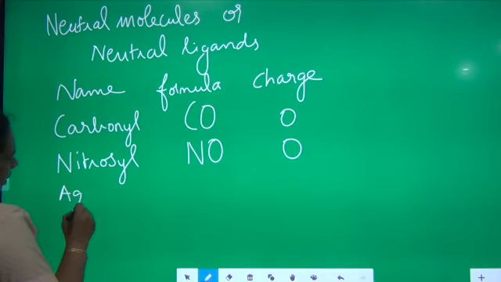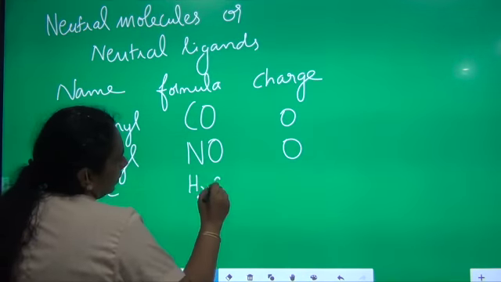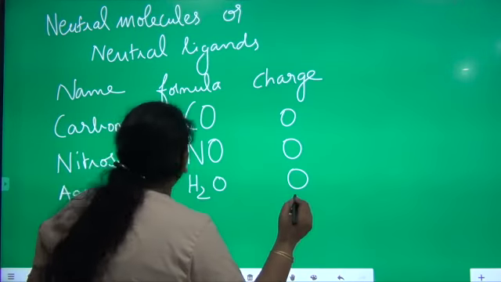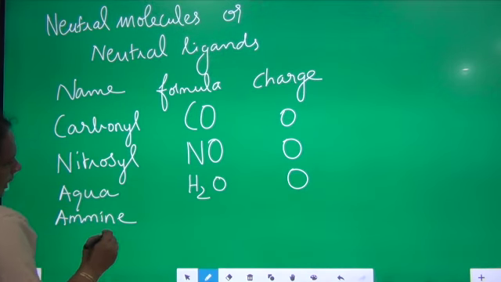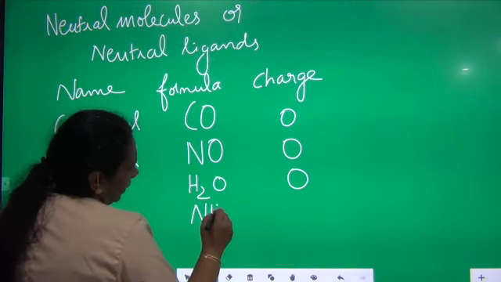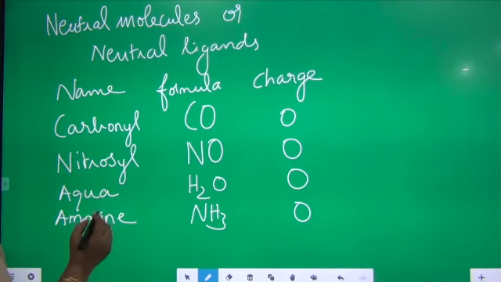Aqua, H2O, a neutral ligand, so it is 0. Ammine, that is ammonia, which is also a neutral molecule which will have 0 charge.